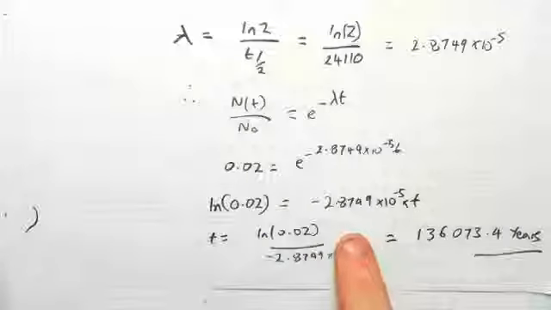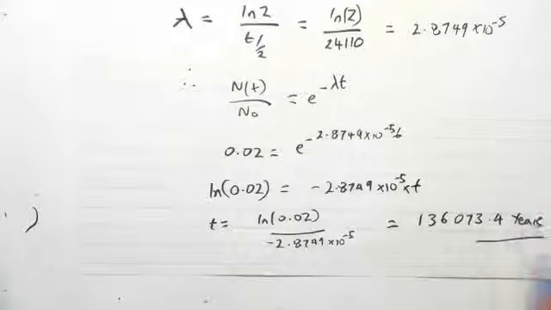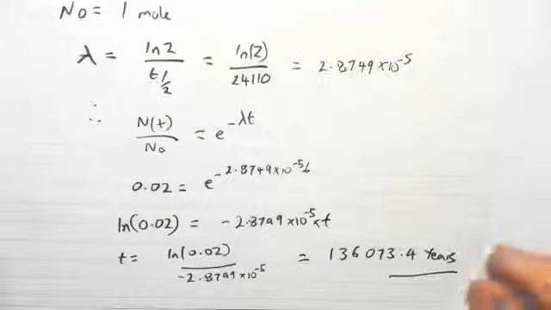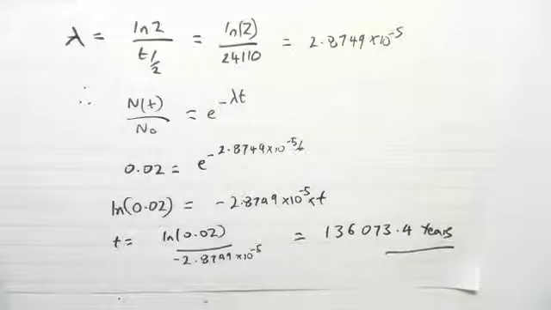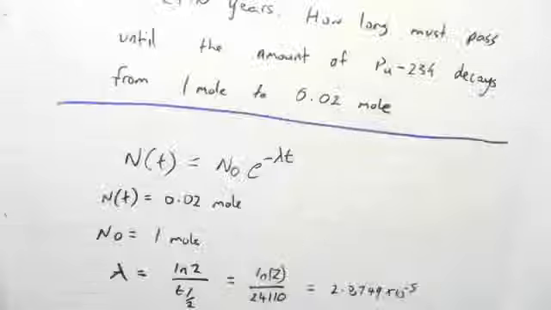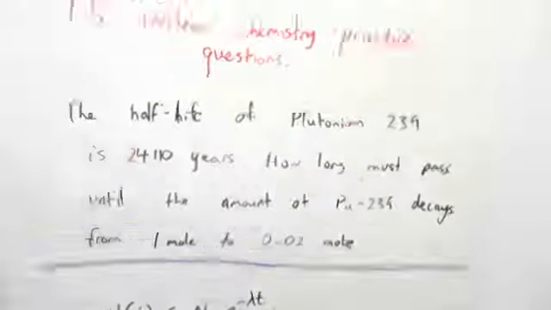The log of that is equal to negative 2.8749 times 10 to the minus 5 times t, and t is equal to the log divided by the decay constant, so we can work out that t would be 136,073.4 years until that 1 mole decayed down to 0.02 moles of that plutonium-239. So that's an example of one of the calculations we learned how to do.